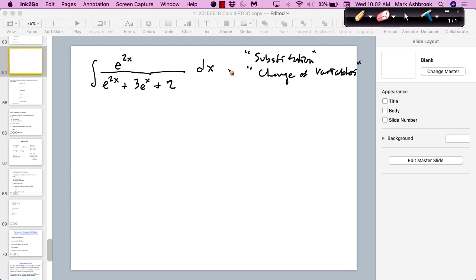Often u is what's used for this, but you can use any variable that you want. The substitution I'm going to make is that u equals e to the x.